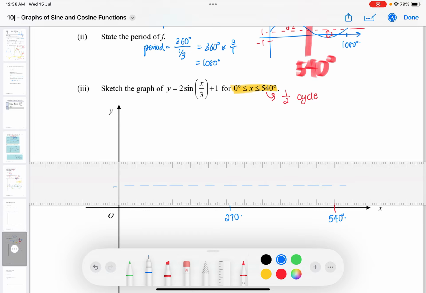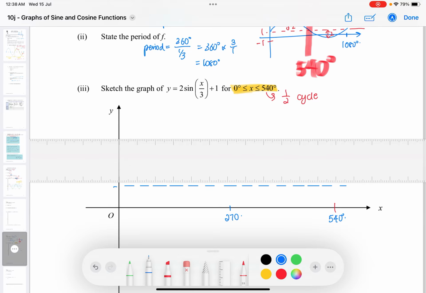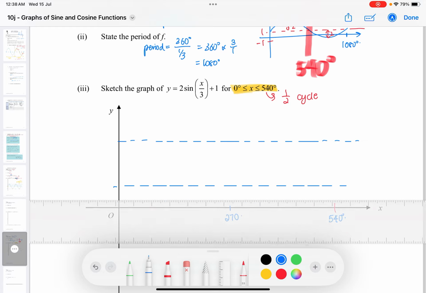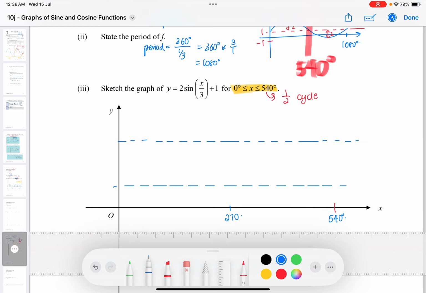And then the maximum value is at 3. And then the minimum is at negative 1. Although in this case we don't actually meet the minimum value, I'm just going to leave it there. So this is negative 1, 1, and this is 3.